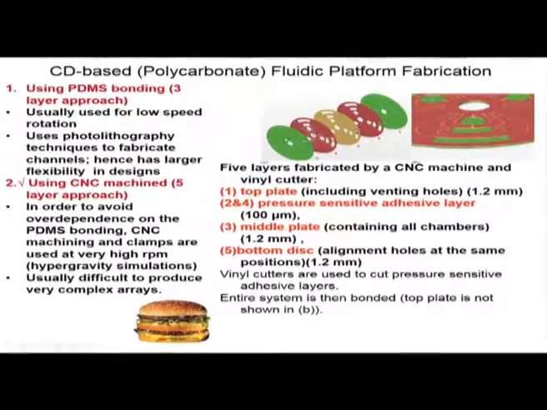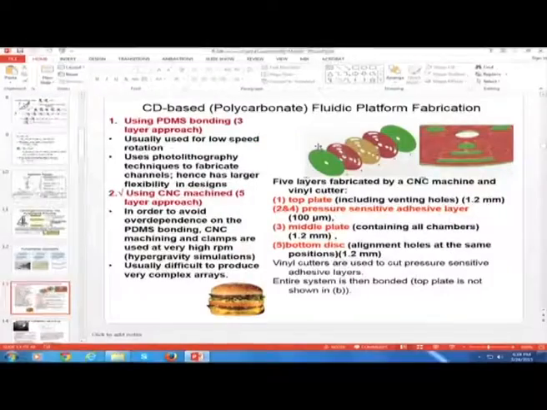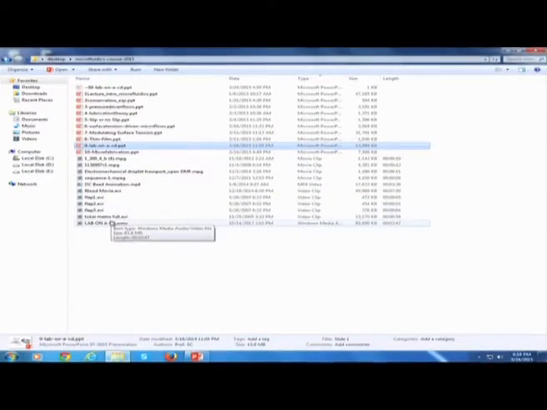So the middle plate, plate number 3, contains all the chambers, typically 1.2 millimeter thick, and 5 is a bottom disc just for helping the alignment of all these by using a press. Basically you press feed this entire system to make it a compact disc type of arrangement. So I will try to show one video of how this is made, and I sincerely hope that the video works.